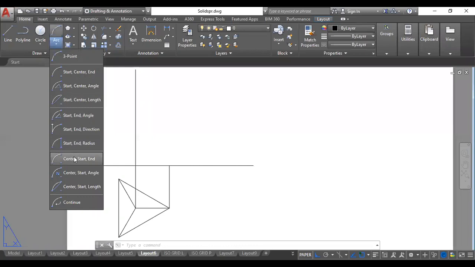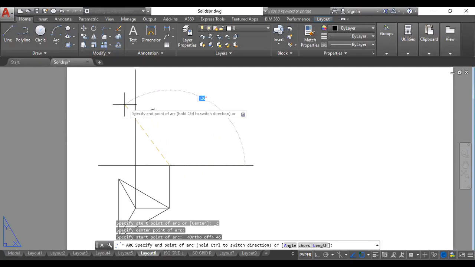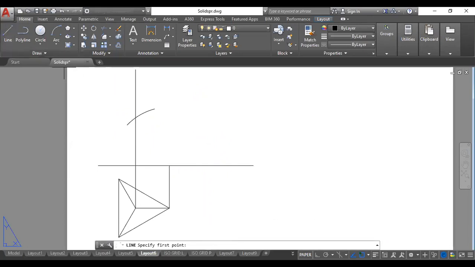I'll take center start end, switching off the ortho. Radius is 45. Enter. I need to cut the arc, right? So this arc that I have cut is 45.